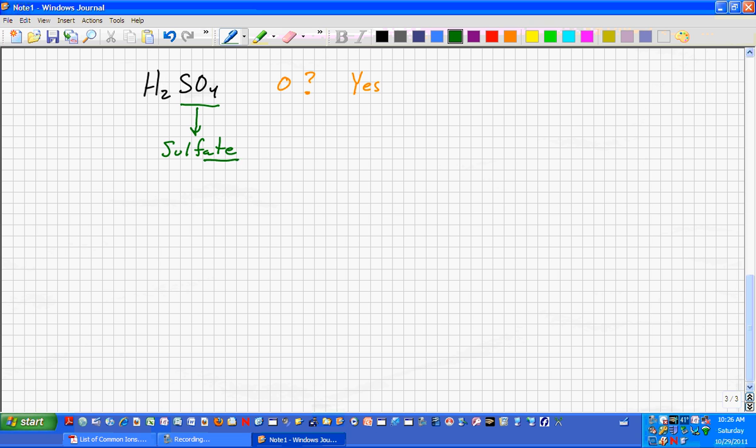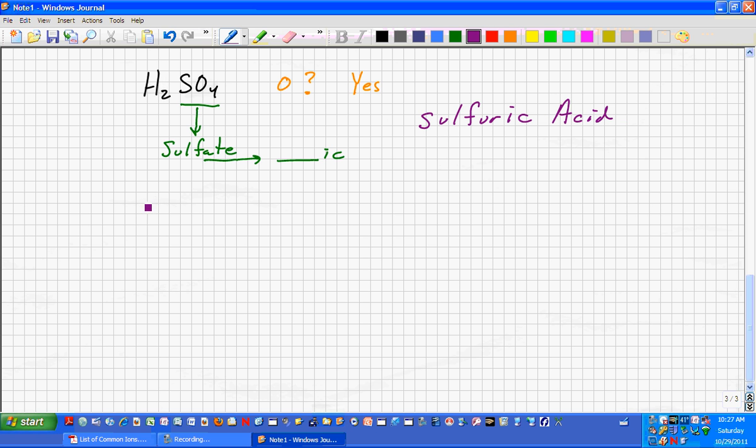That ATE tells us that it's going to be blankic acid. Now, I can't just go with SULF because this is an exception. Because this is a sulfur-containing acid, this becomes sulfuric. We keep the full name with those exceptions that I talked about.